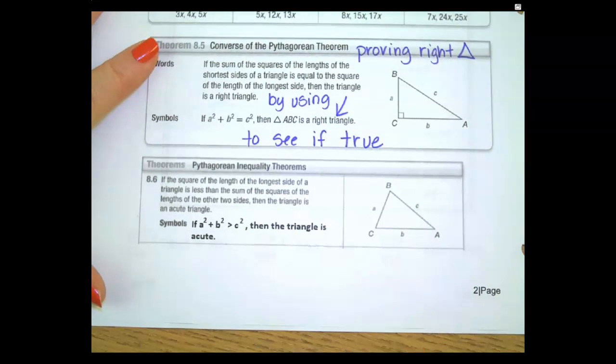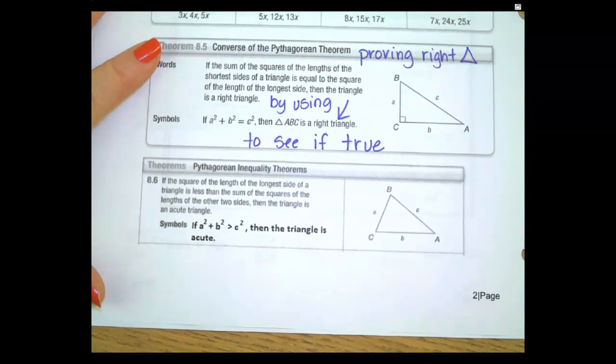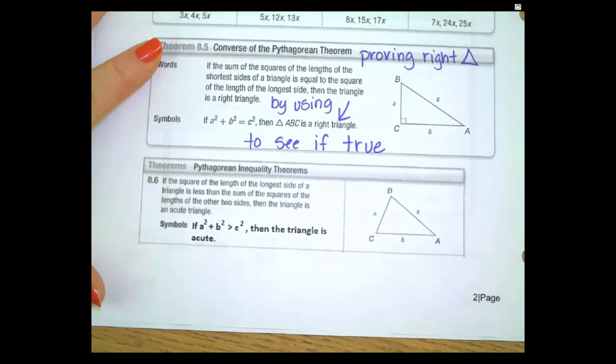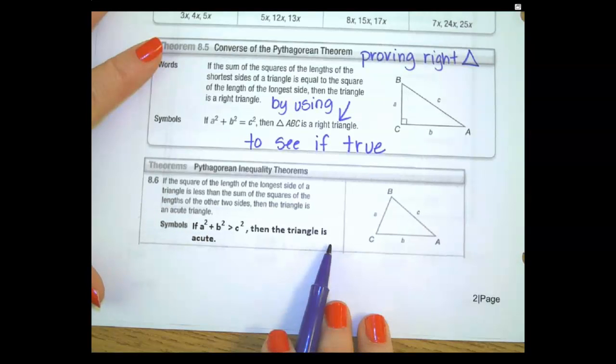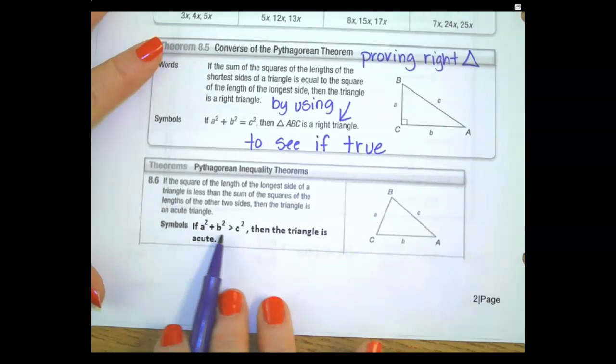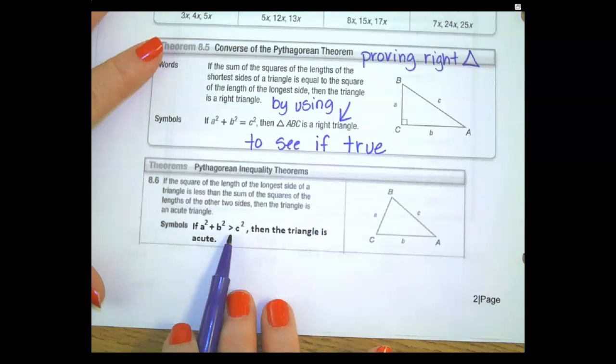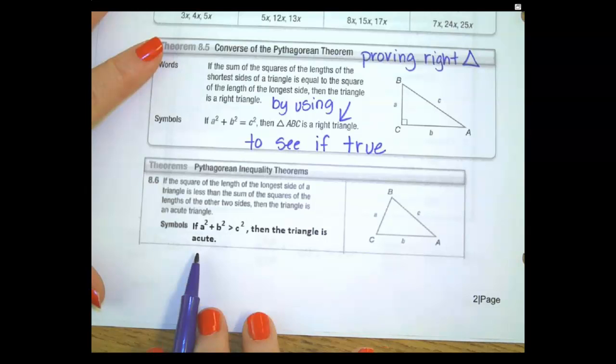Here are the inequality theorems. So we can determine if it is acute or obtuse or right. If this side is not equal to but greater than, then the triangle is acute.